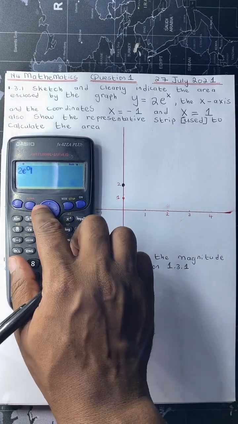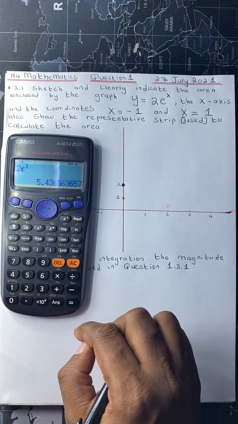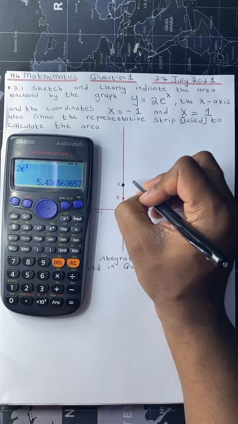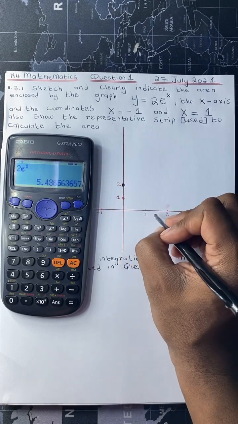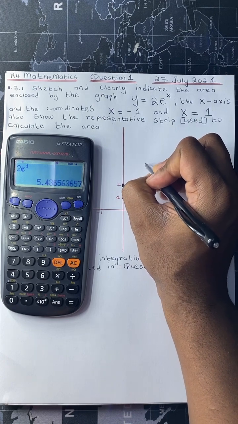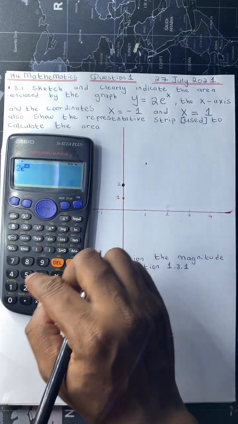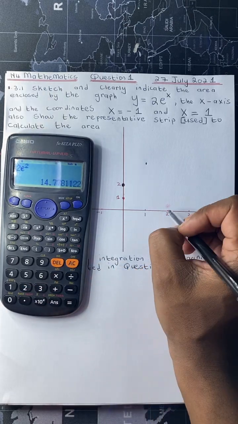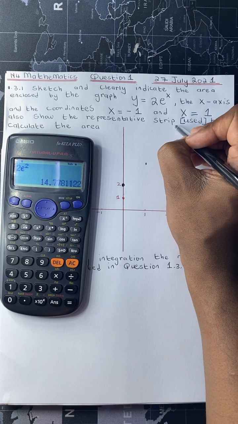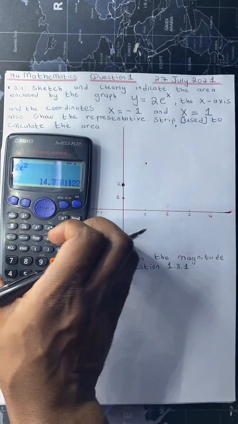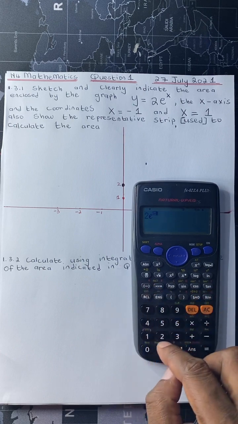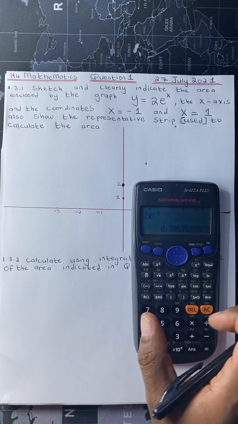And when x is equal to 1, this will be around 5,436, and when x is equal to 2, this will be somewhere around 14,778. So let's move to the negative side. So when x is equal to -1, then y will be equal to 0,7357.